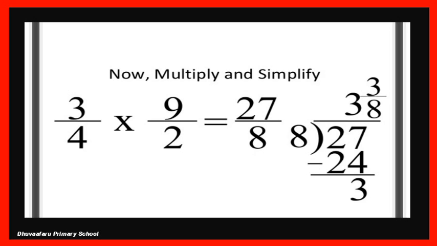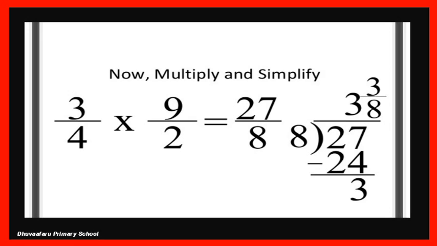Now you have to divide the number as the numerator is bigger than the denominator. In the table of 8, 27, which is nearer to 24. So you have to write 24 there, and 24 comes from 8 times 3. So you have to write 3 above.